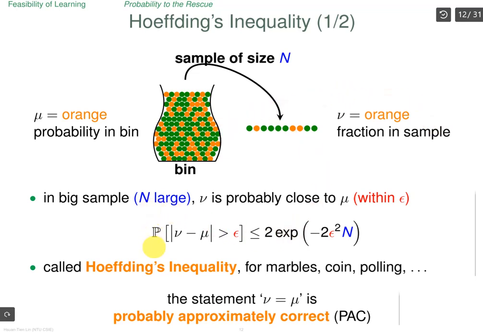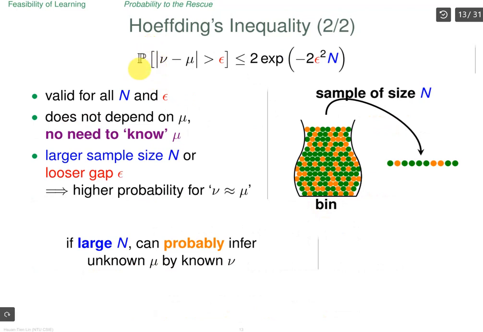The statement using Hoeffding's inequality and claiming that nu is approximately equal to mu is called probably approximately correct, or PAC learning. Again, Hoeffding's inequality gives us this right-hand side bound, which depends on the sample size. Our interest, the answer to our question, is on the left-hand side.